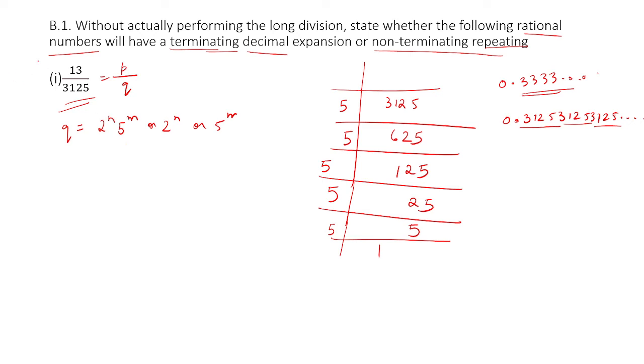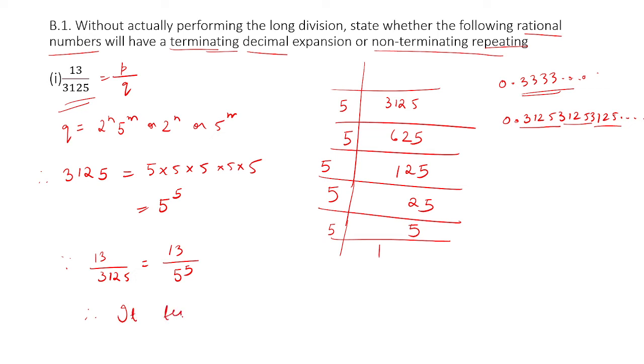Therefore 3125 is 5 into 5 into 5 into 5 into 5, five times. But instead of writing this, can I write it as 5 to the power 5? Yes. So 13 by 3125 is actually the same thing as 13 by 5 to the power 5. So it terminates.